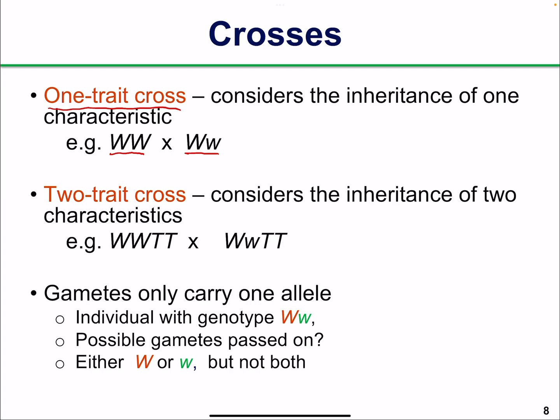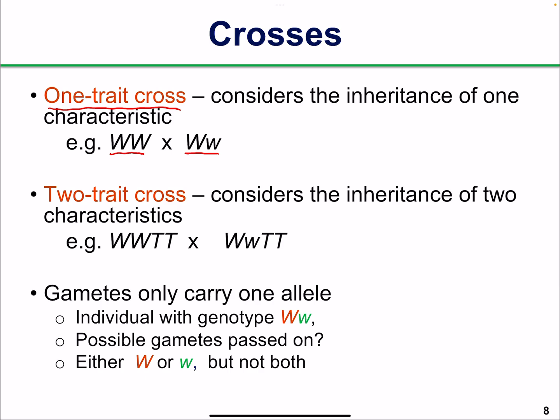We are going to ask the following questions. Considering that one parent is homozygous dominant and the other parent is heterozygous, what are the chances that we're going to have these genotypes, and what are the chances that we're going to have these phenotypes in the offspring? So we can do that with one trait.